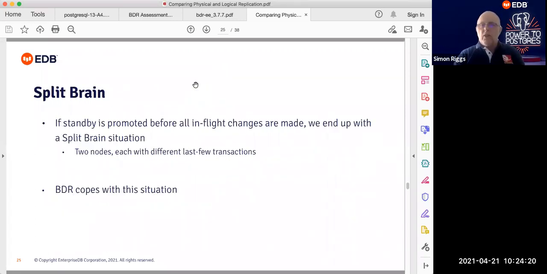Another situation that can occur with physical is something called a split brain. Now, actually, this can occur in any replication system where you have a single master and you're failing over to a standby node, so it could also happen in a logical context. And if you do that, it's possible that you can end up with two nodes, each of which have got slightly different last few transactions on.